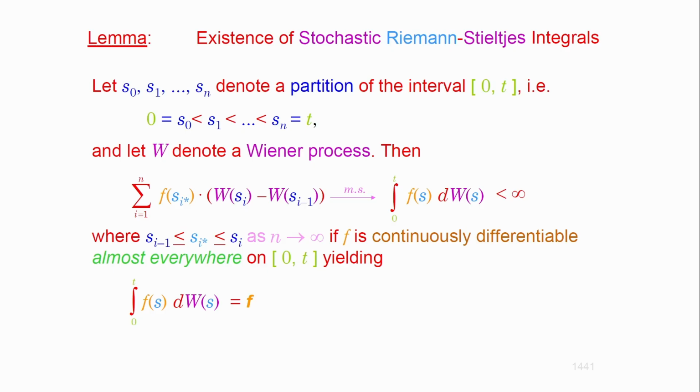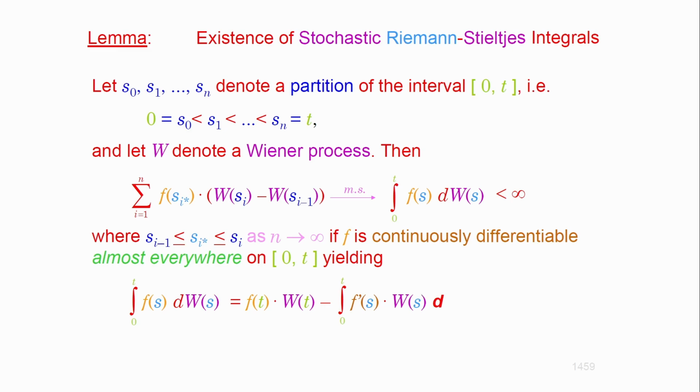This is going to be the deterministic function at point t times the Wiener process at point t. And then, of course, you have the lower endpoint, which would be 0, but since the Wiener process is 0 almost surely, I will skip that. So you have minus the integral between 0 and t of the derivative times the Wiener process.